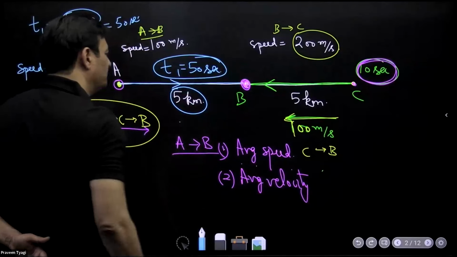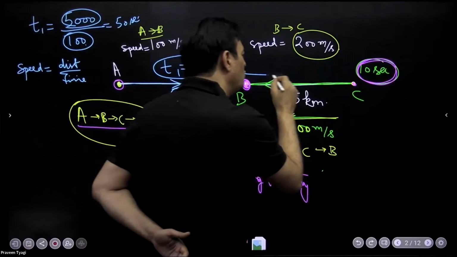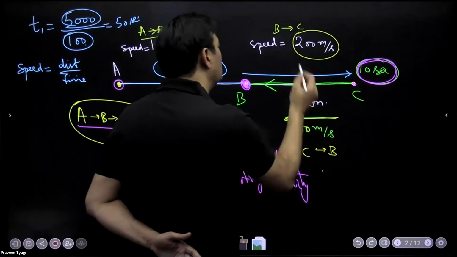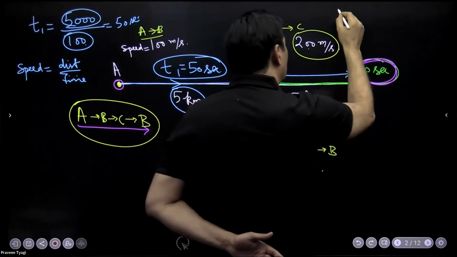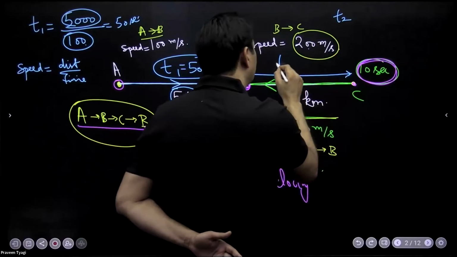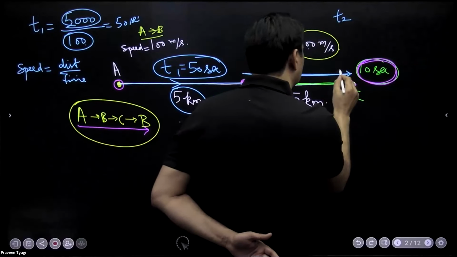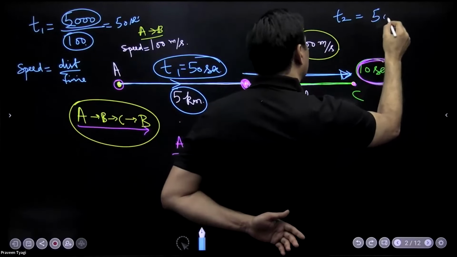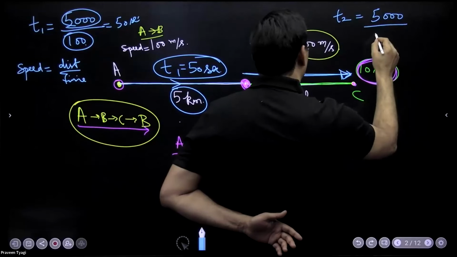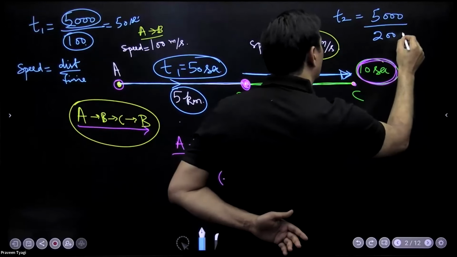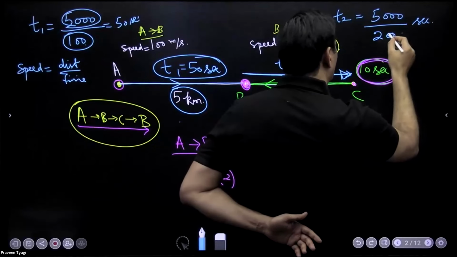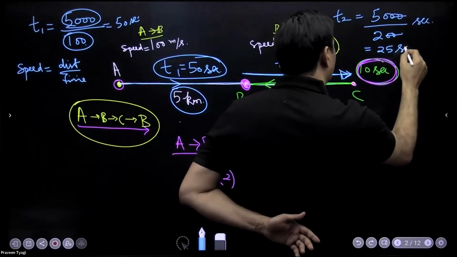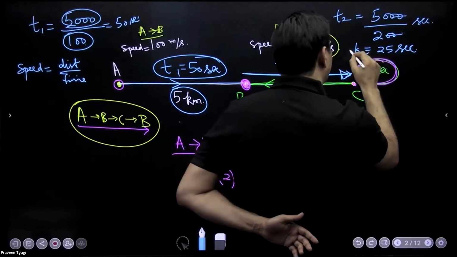From B to C, this motion, everyone attentive, 5 kilometers with a speed of 200 meters per second. So if T2 is the time for this motion, T2 will be equal to 5,000 meters divided by 200 meter per second, which will be in seconds. Now, this will be 25 seconds. T2 is 25 seconds.